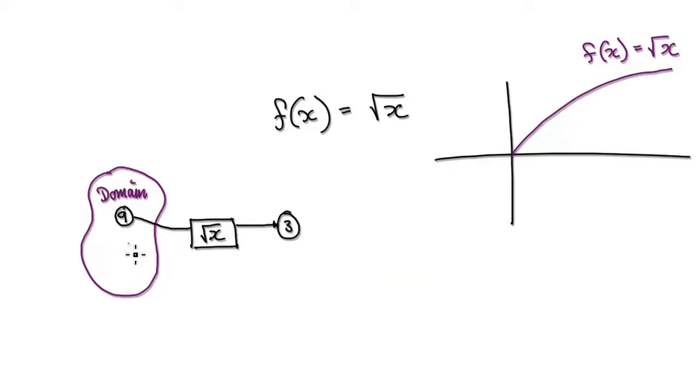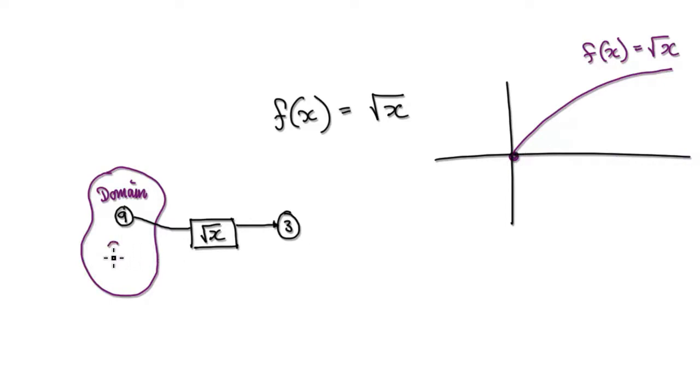It's okay to put a positive 4, because the square root of positive 4 is 2. So you can put a positive number in there, but if you try and put a negative number in there, it will break down. You see, the number negative 4 is not in the domain. So you can put any positive number in there, but don't go putting a negative number in there. You can actually put in the number 0.